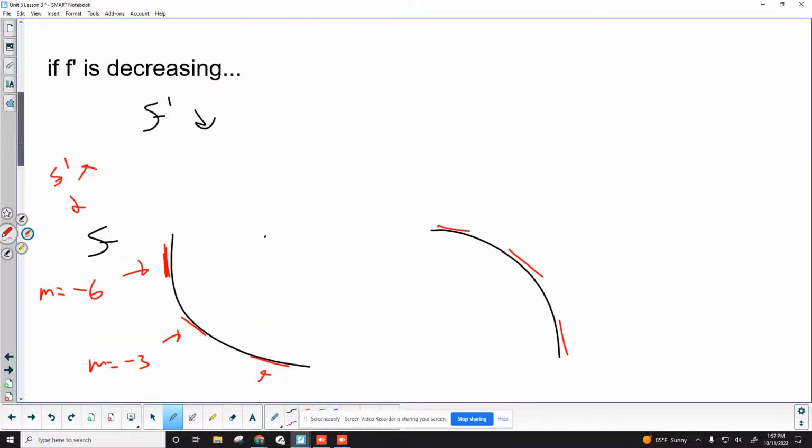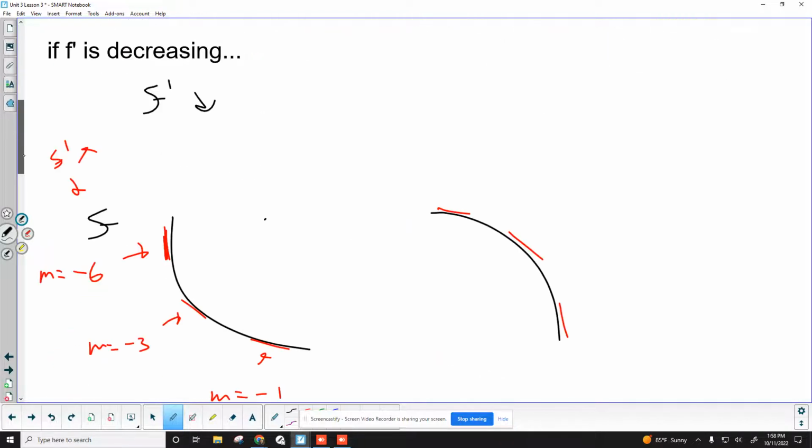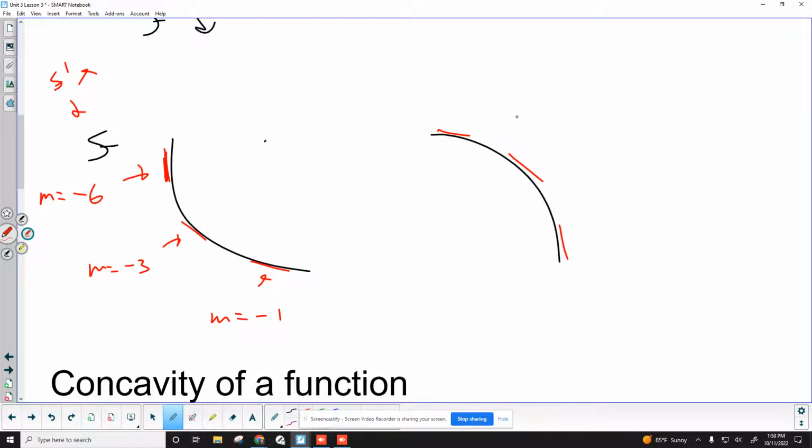So that's actually part of this graph. It can be another example of when f prime is increasing. Its slopes are increasing in value from greater negatives to less negatives. Very interesting. If we had tied values to these slopes, we'd realize this would be like -1, this would be like -2, this would be like -3. This is the correct guy.